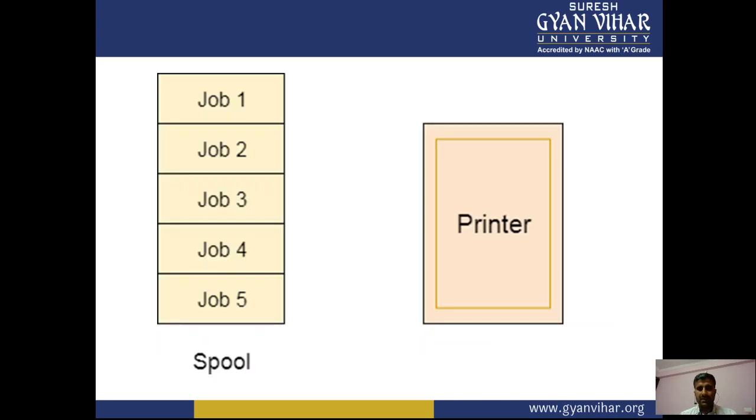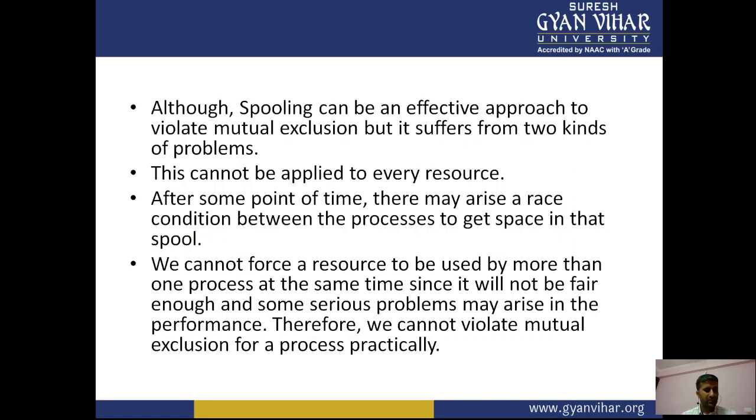So if there are multiple jobs like job 1, job 2, job 3, job 4, and job 5, and the printer is busy, then a job that wants to execute can be held in the spool, right.